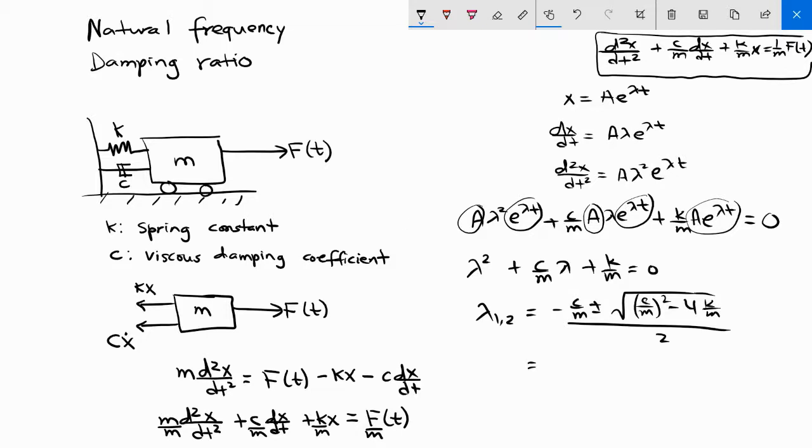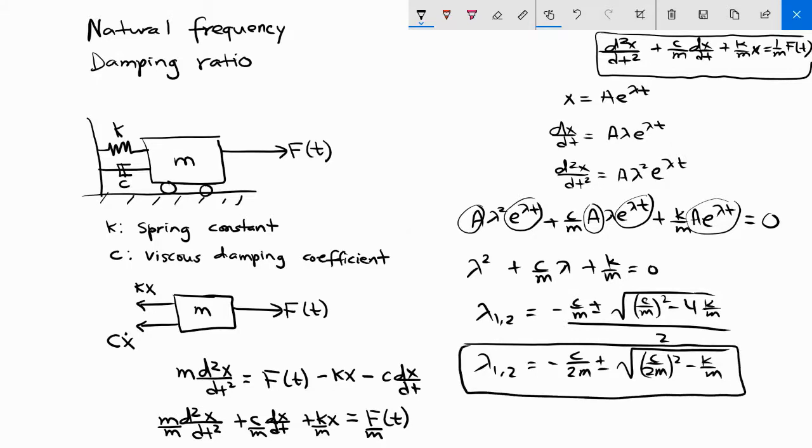I will transfer 2 to the denominator inside, and I can write minus c over 2m plus or minus the square root of (c over 2m) squared minus k over m. So there are two solutions of lambda. Lambda is also known as the eigenvalue of the system. So there are two eigenvalues of this system.